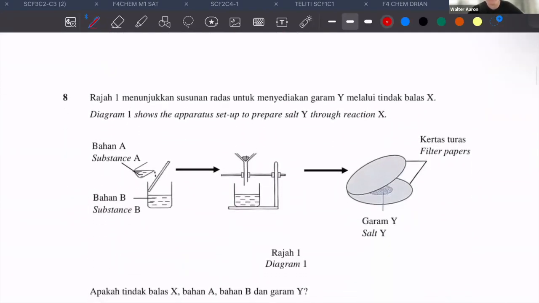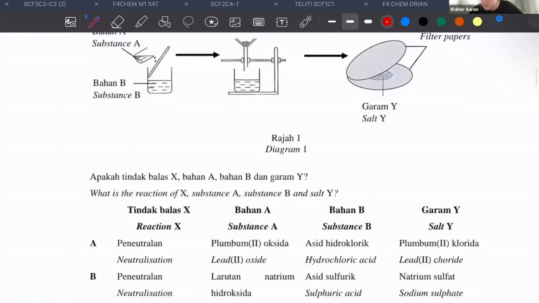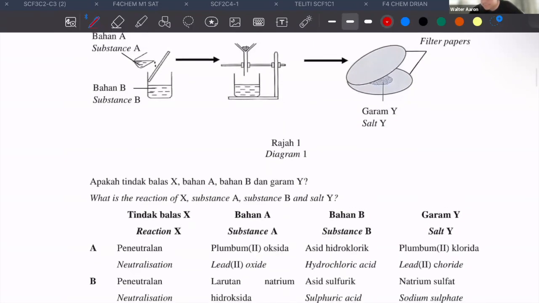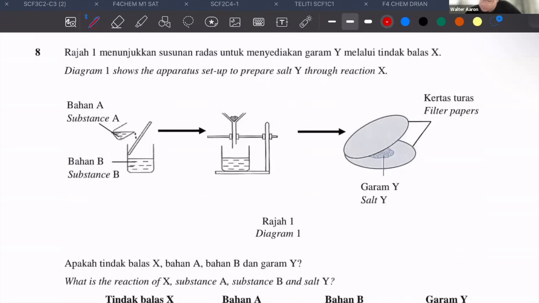For number 8, diagram 1 shows the apparatus set up to prepare salt Y through reaction X. This diagram shows how to get a salt. So what is the reaction X, substance A, substance B, and salt Y? If you look properly, there is no precipitation shown in the picture. Whatever is added, I think this is actually a precipitate.